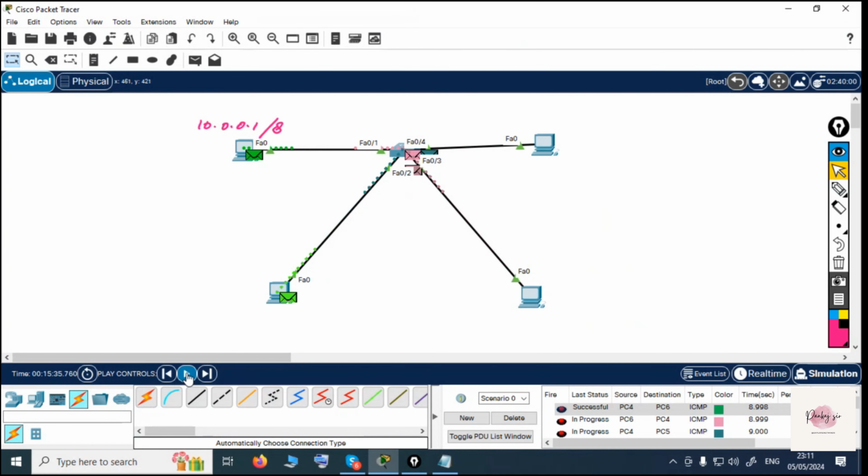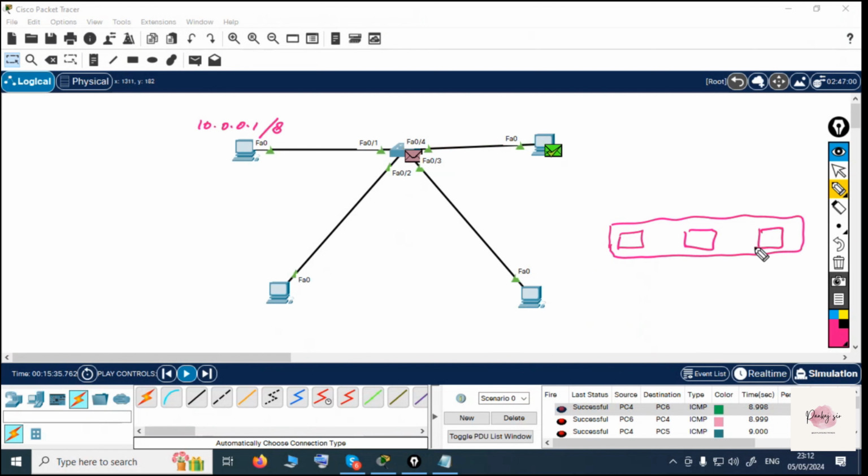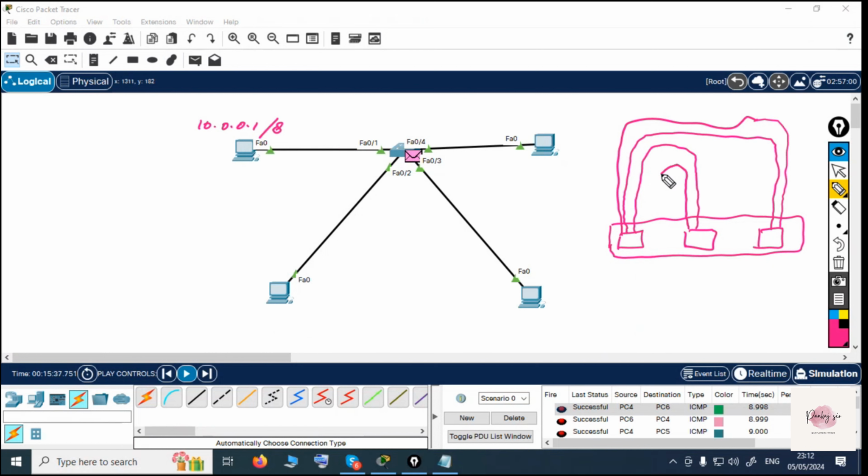Why? Because there are separate paths. Last time I taught you that from each port to every other port, there are separate paths for sending and receiving the data. Like this.